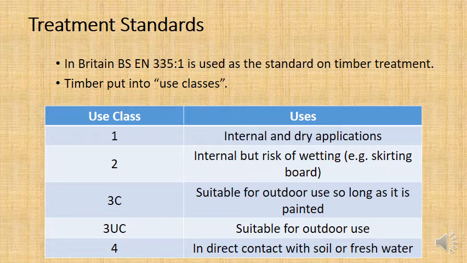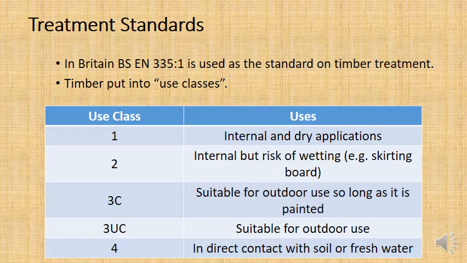You need to be aware of that, because when you buy timber as an engineer for a typical engineering project, you need to think, what am I using that timber for? And then you need to consider what class of treatment it needs to get. You don't want to bury class 1 timber in the ground because it'll rot.